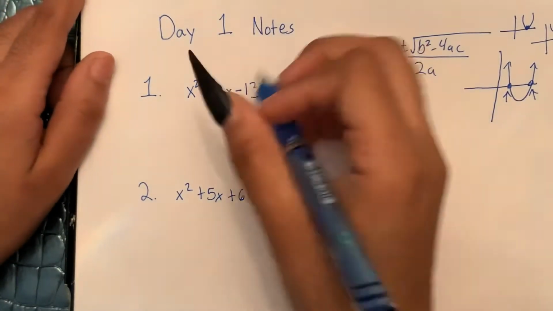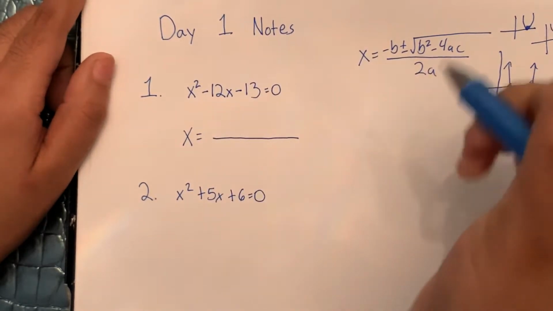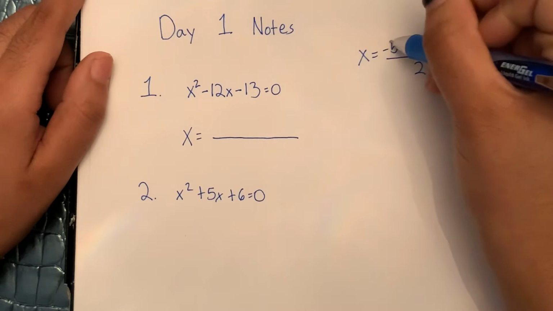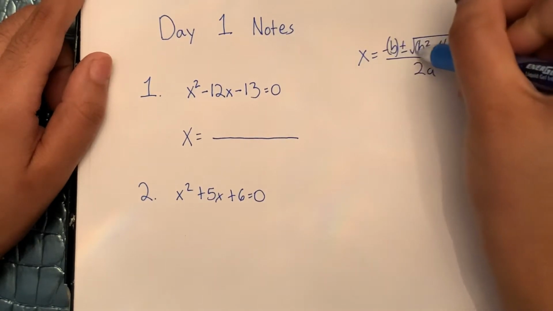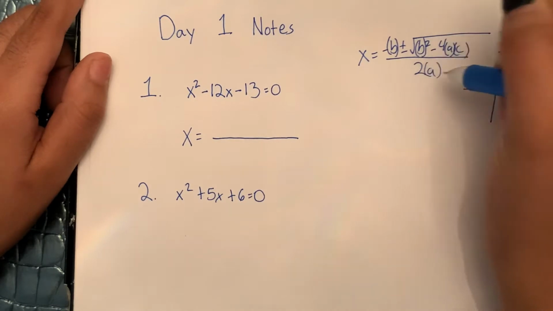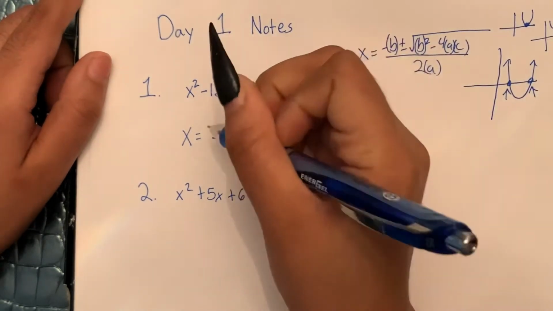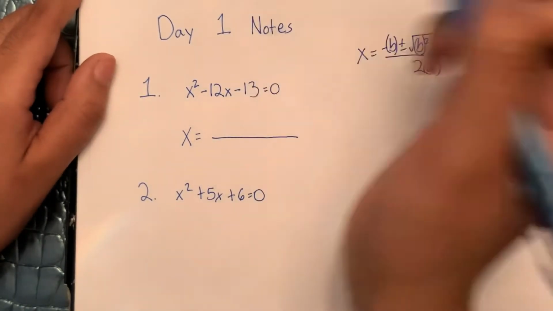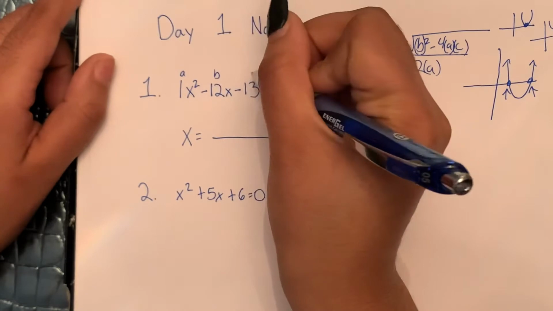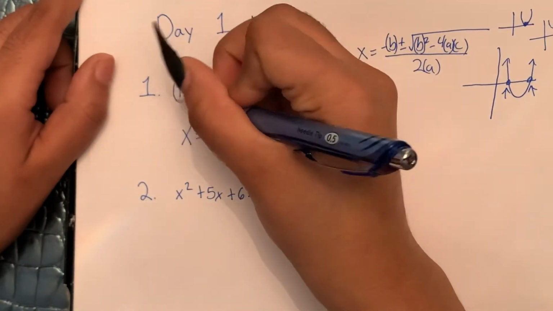So first thing we're going to do is set up the quadratic formula. Wherever there is an A, B, or C, we're going to use parentheses. So we're going to label A, B, and C. A, if there's no number, it's 1.